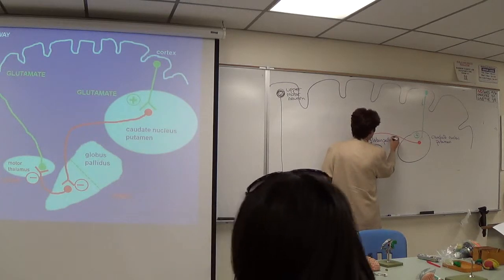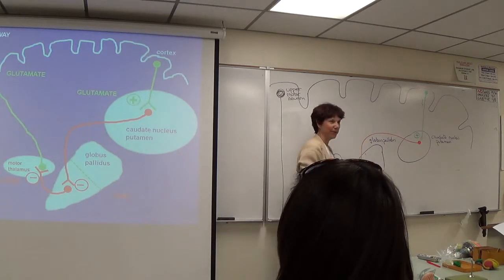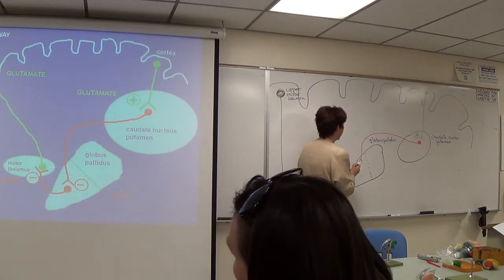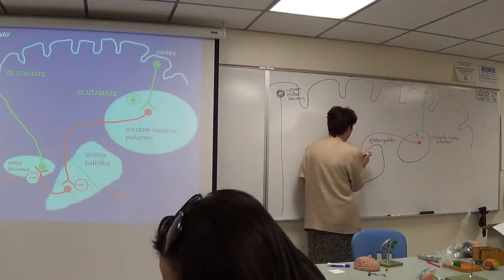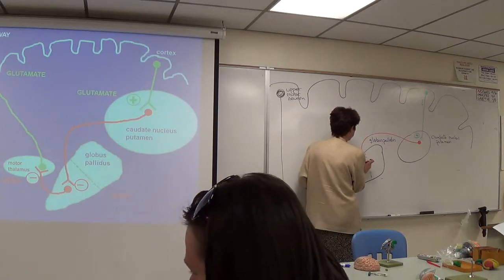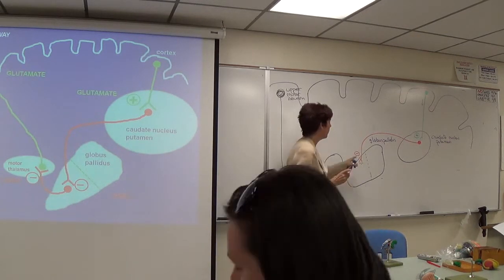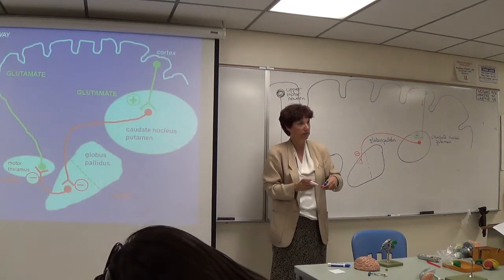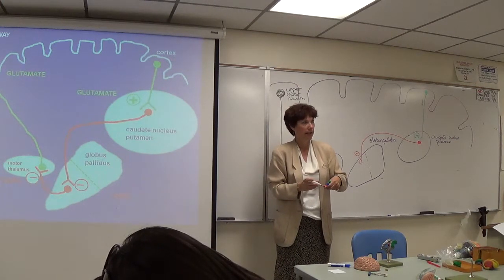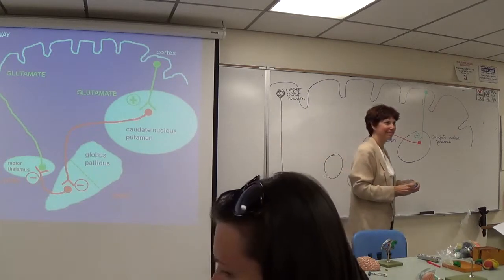Now you'll notice that I have a negative by this one. Try not to get too much into the neurophysiology yet. This cell will release neurotransmitters, but the effect is to make the inside of the cell more negative. All right, so how do we do that?